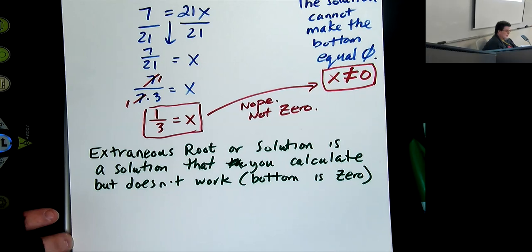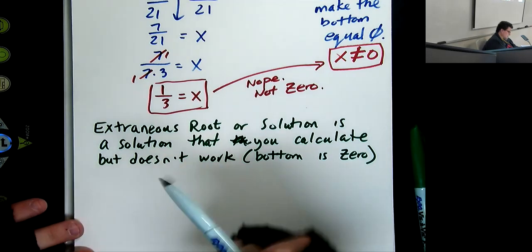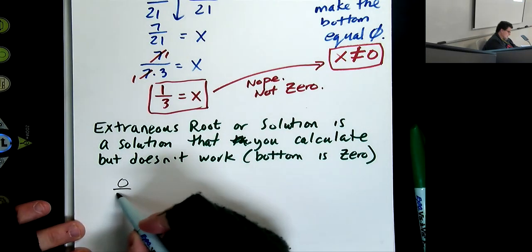I can't really think of one in any trade skill where this is going to happen. And the example they gave in the book is stupid. But I'm going to show you one similar to it. For example, if the problem is 0 over x equals 2.